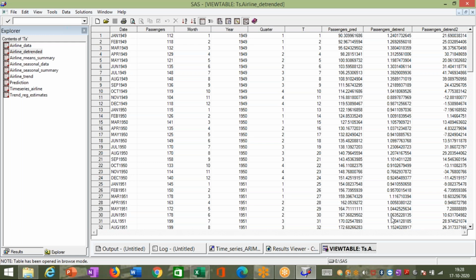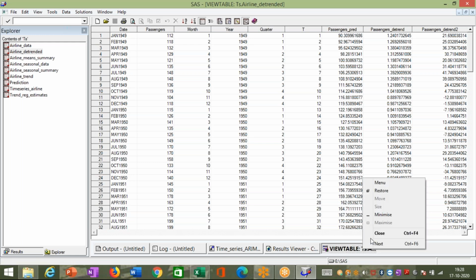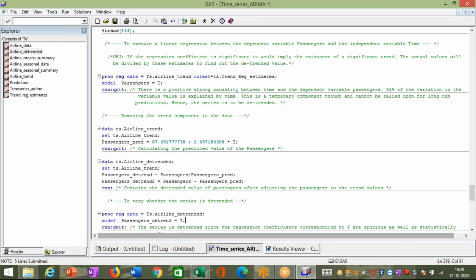You have passengers detrended, you have passengers detrended 2, so there are negative values as well. Basically what we are saying for these values is that whatever the value was, it was because of this trend, and after we detrended that, nothing remains. So it would be capped at 0. Anyways, we'll look at both.